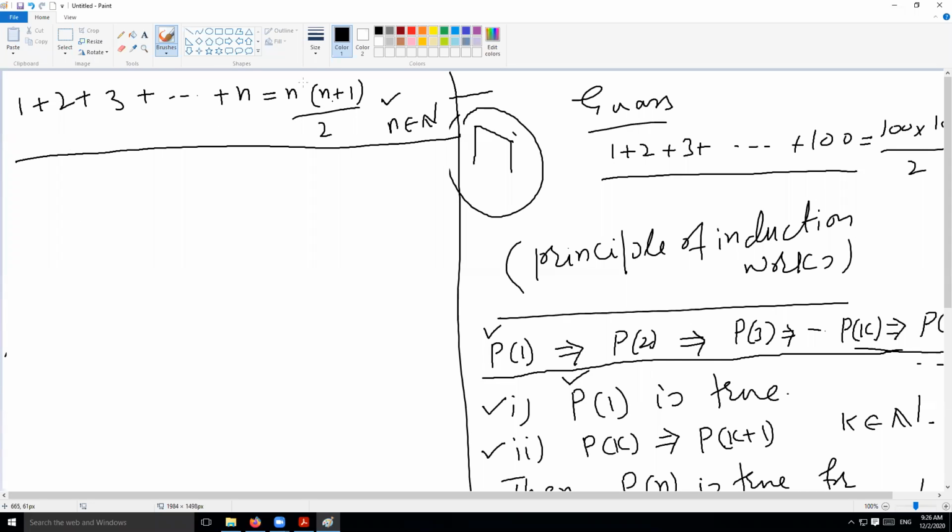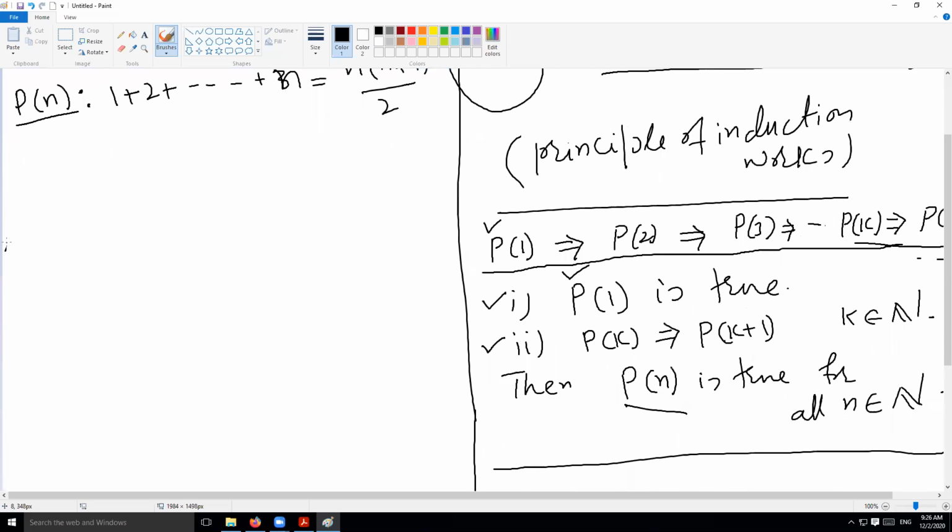Let's give this entire statement a name: P of n. Whenever I say P of n, I mean that 1 plus 2 plus and so on plus n is equal to n times (n plus 1) over 2. I have given it a name, and I want to apply the principle of induction to prove it.